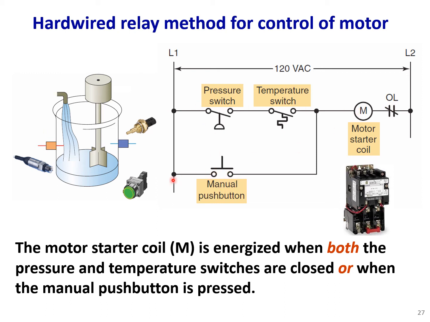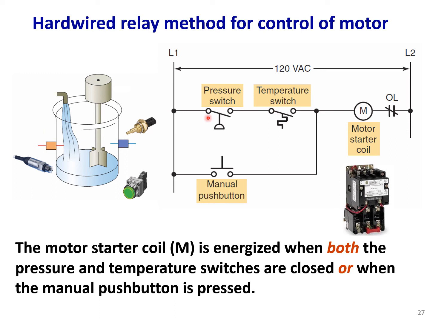So you see that we have two branches. They are parallel to each other. Either this line or this line could provide a continuity, or a logical continuity, for the motor starter. Okay, very intuitive circuit. The motor starting coil M is energized when both the pressure and temperature switches are closed.